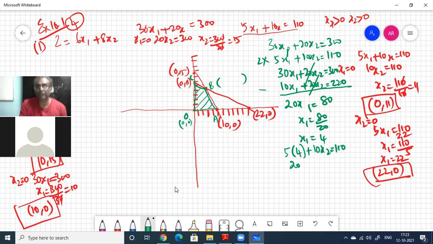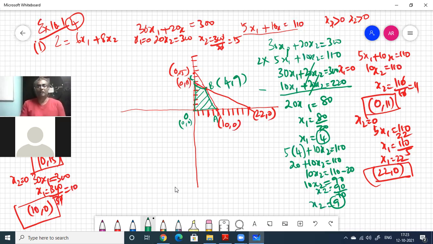That means 20 plus 10x2 is equal to 110. 10x2 is equal to 110 minus 20, that's equal to 90. x2 is equal to 90 by 10 is equal to 9. So x1 equal to 4, x2 is equal to 9. So this one is 4, 9.